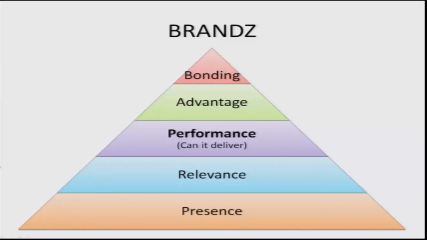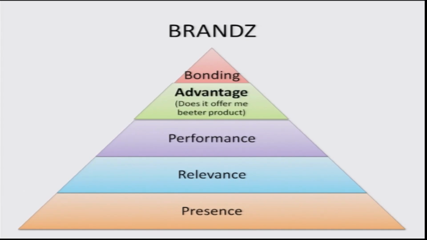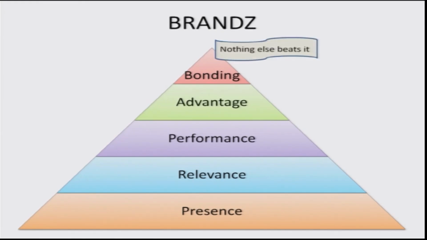The third thing is performance: can it deliver on my expected level, or as promised by the brand. The fourth stage is advantage: whether the brand offers me something different or unique from the other brands in that category. And the last thing is bonding.